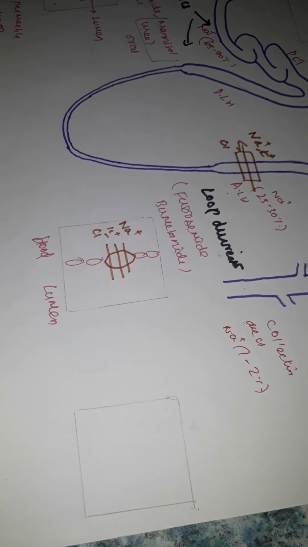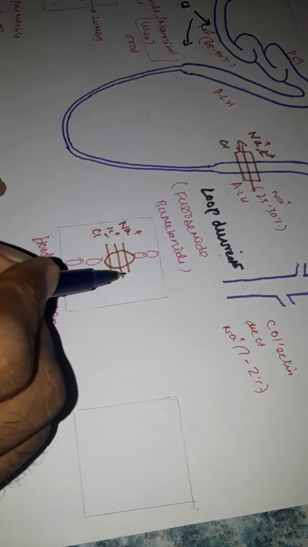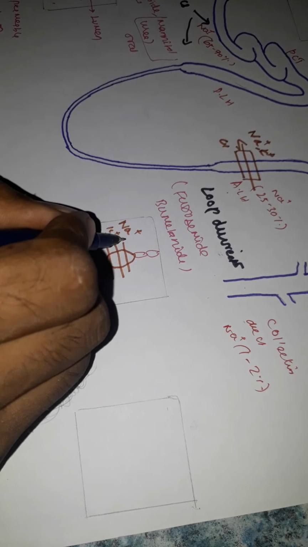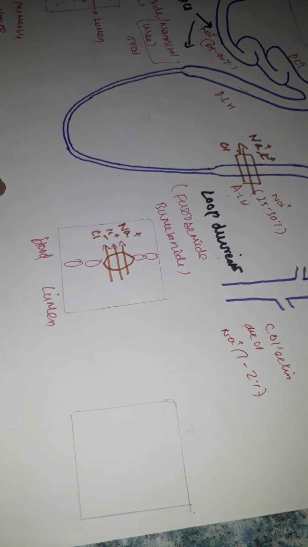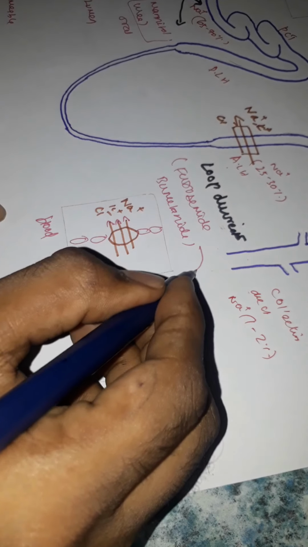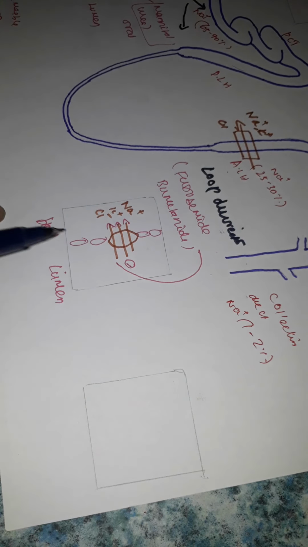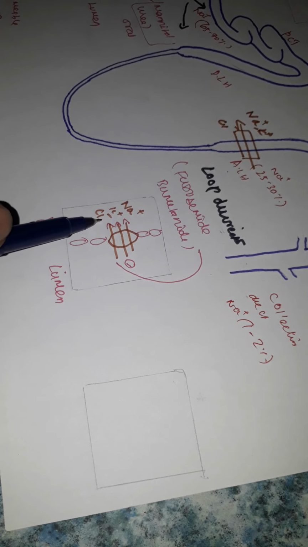Normally, this co-transporter will transport sodium, potassium and chloride from the lumen to the blood, in this direction. Now furosemide or bumetanide is very clever. It will not attack all three. It will just inhibit the chloride transport.